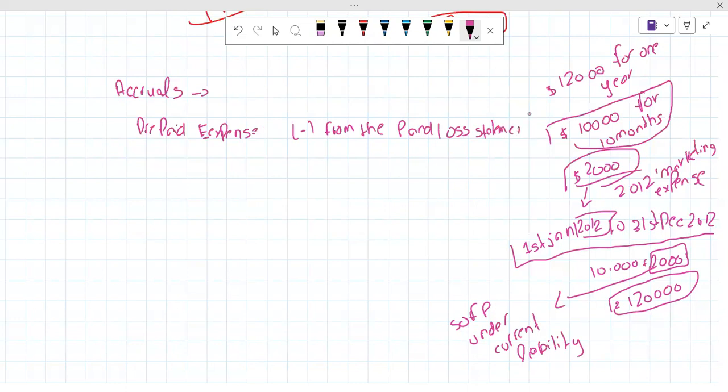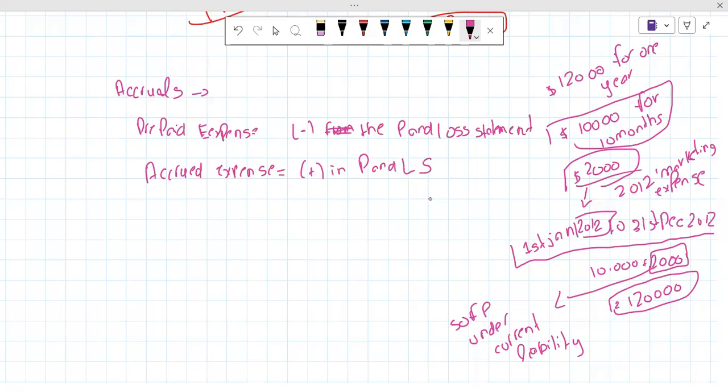Okay, and if it is accrued expense, it will add in the profit and loss statement.